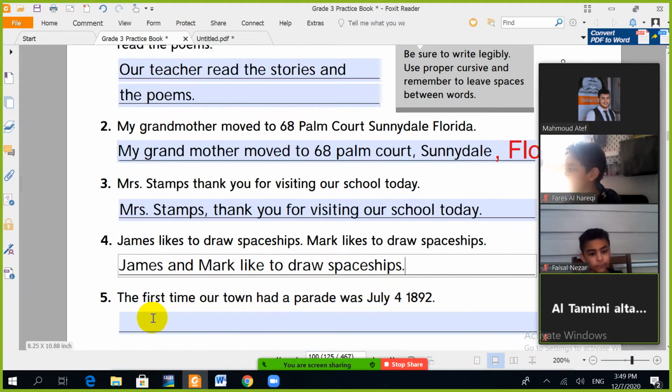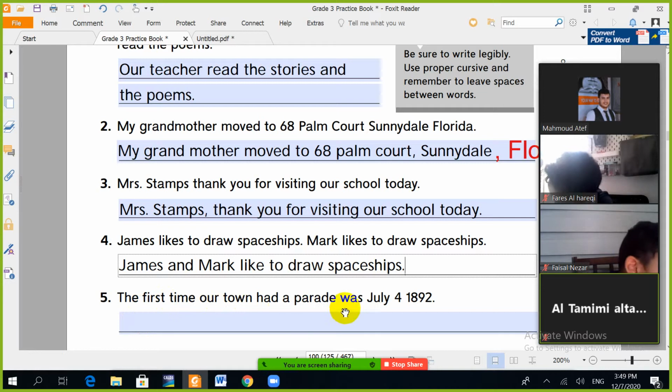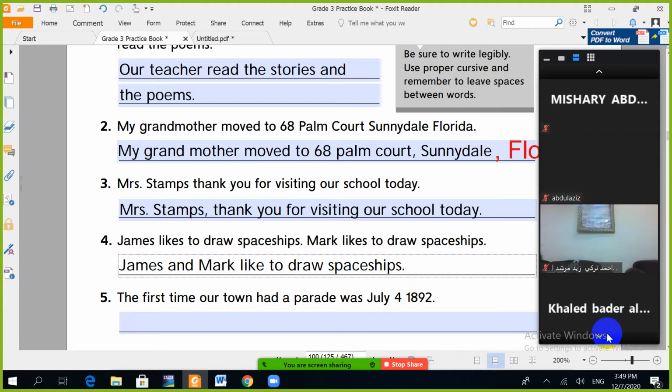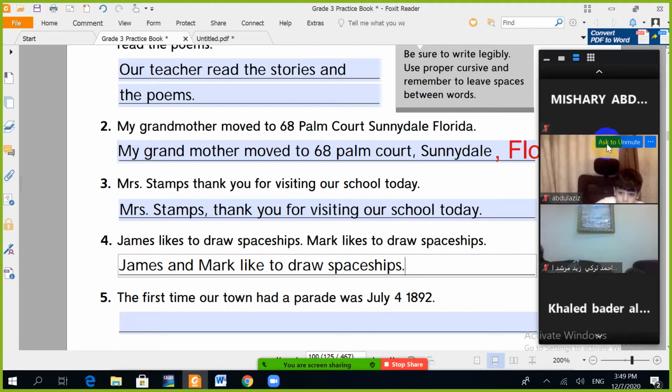Number 5: the first time our town had a parade was July 4, 1892. Okay, Abdulaziz, the first time our town had a parade was July 4, 1892.